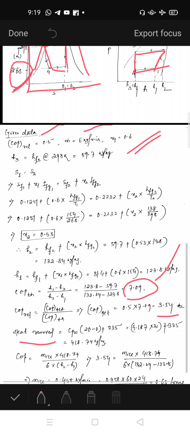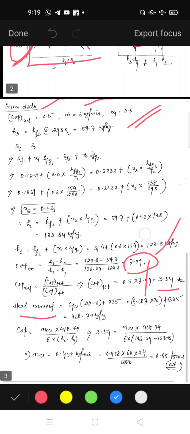You know all the data, so from this you can find the mass flow rate of ice, that is the mass of ice produced, 0.458 kilojoule per minute.